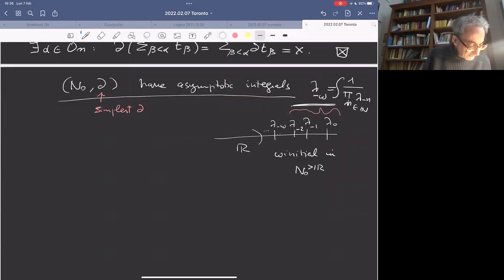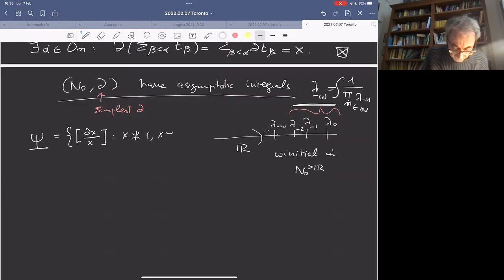So this is roughly the idea. So let's compute the psi set, the psi class of the surreals. So again, you have to take the Archimedean classes of the logarithmic derivatives. Okay, in the surreal numbers, however, we have an actual logarithm. So the logarithmic derivative is really the derivative of the logarithm.